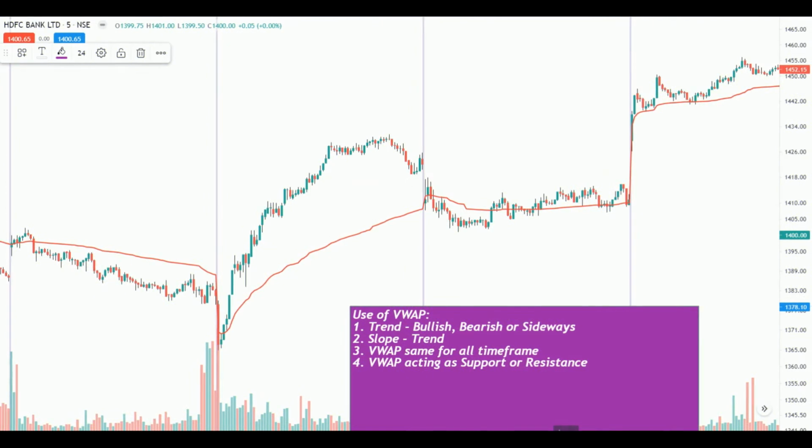Second point that we will discuss is what is the use of VWAP. Before going further into the details of the strategy, let us look at how we can use the VWAP. The first is determination of the trend, whether it is bullish, bearish or sideways.